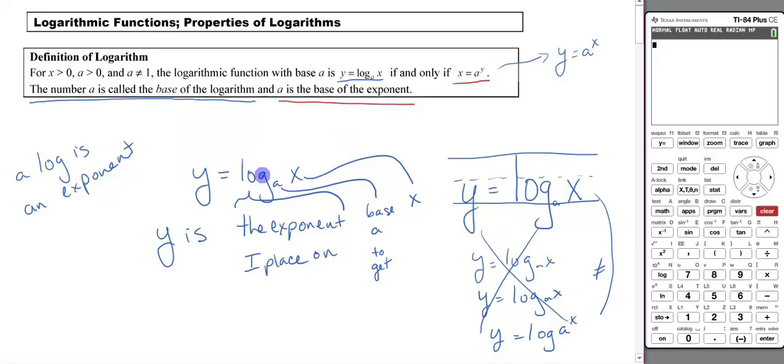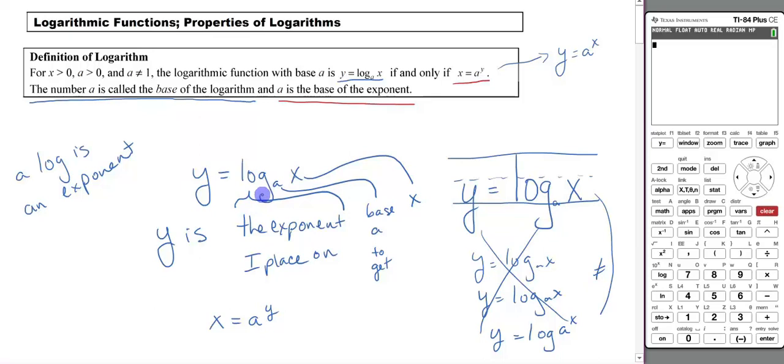So in exponential form, they said it was x equals a to the y. So y is what the log equals up here, right? The log equals y. Well, a log is an exponent, so in exponential form, the y is going to be the exponent on the base a.